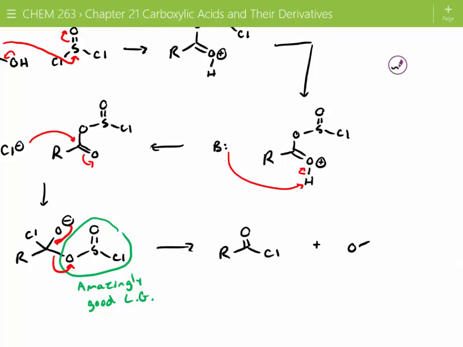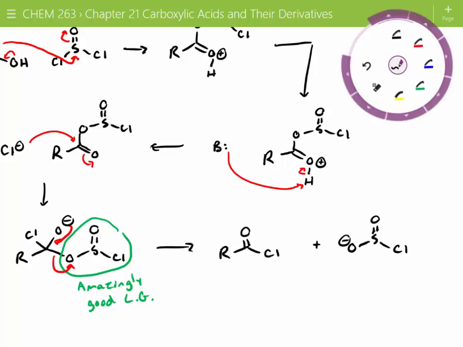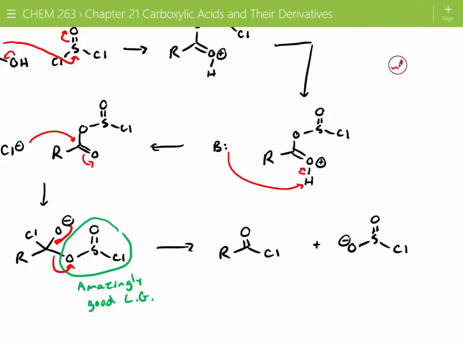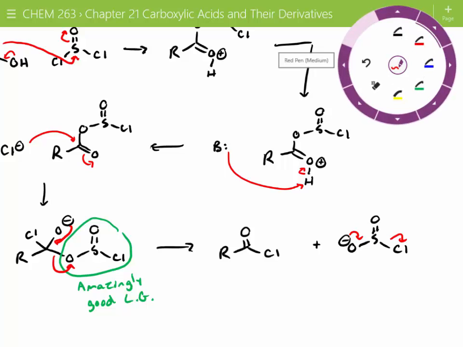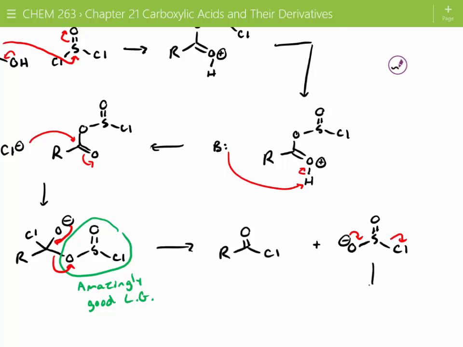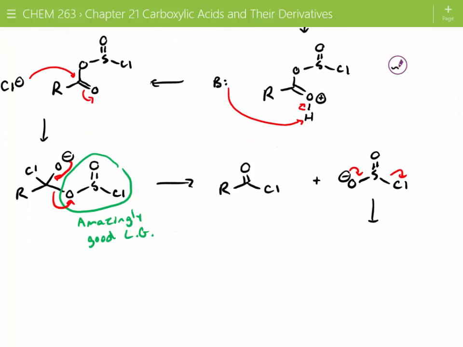Plus our oxygen with the negative charge. And now, if you remember from the alcohol section, this can clamp down and kick off our chlorine. And when we do that, the reason why this reaction is so favorable is that you form sulfur dioxide gas plus your chloride salt.